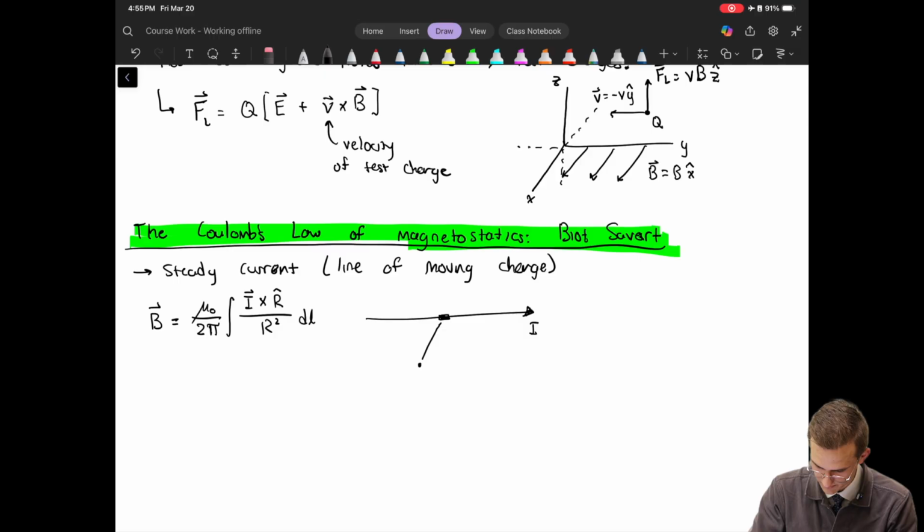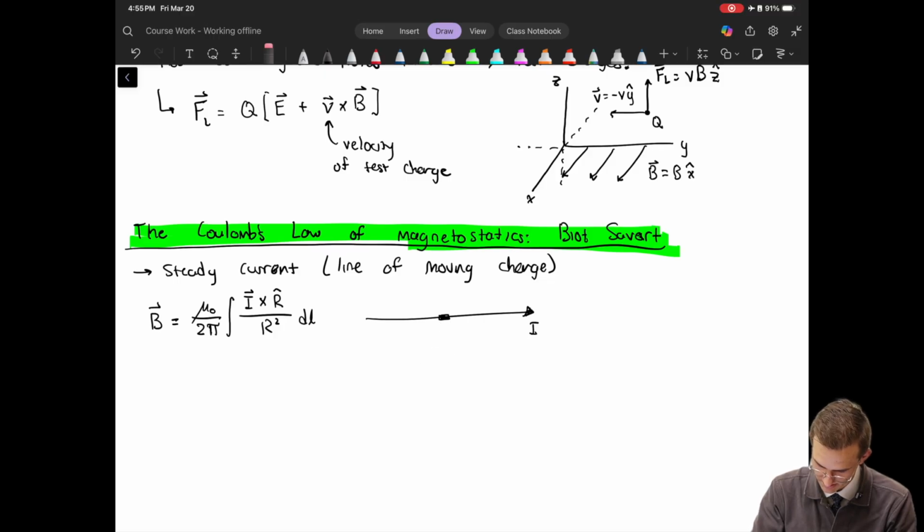Well then what you do is you look at r, which is out this way, and then you take the cross product of I with r, and that's going to put you in this direction, downwards, like here.